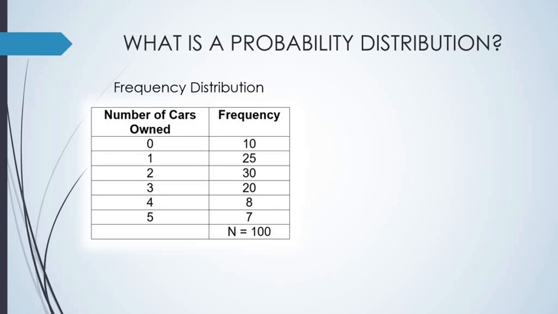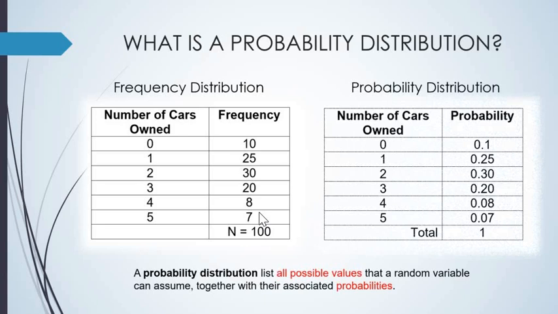In chapter 1, we have learned about frequency distribution. A frequency distribution is a table that lists all the possible values of the variable along with the corresponding frequency. Similarly, the probability distribution is a table that lists all the possible values of the variable together with its corresponding probabilities.